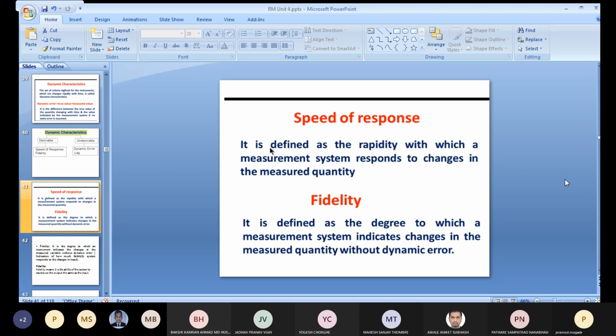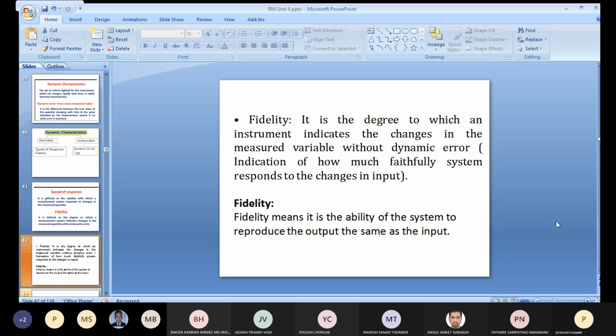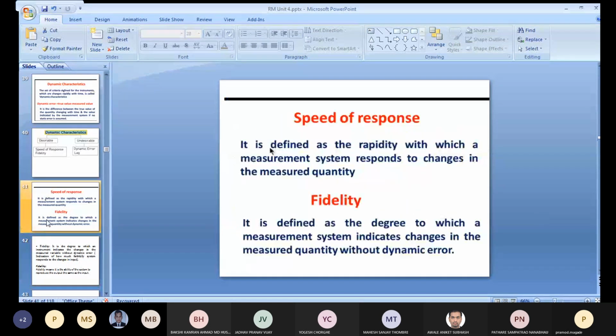That is called fidelity, correct? Again, the system is faithful, which can respond correctly every time, that is fidelity. This comes under dynamic characteristic, a desirable property.